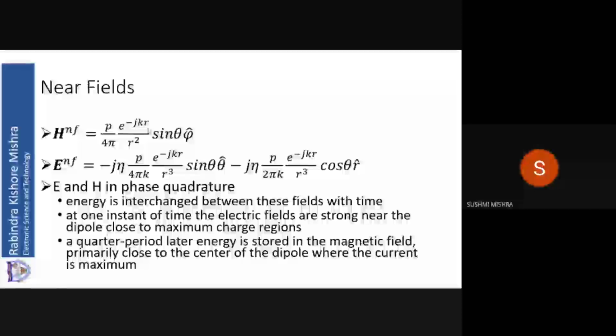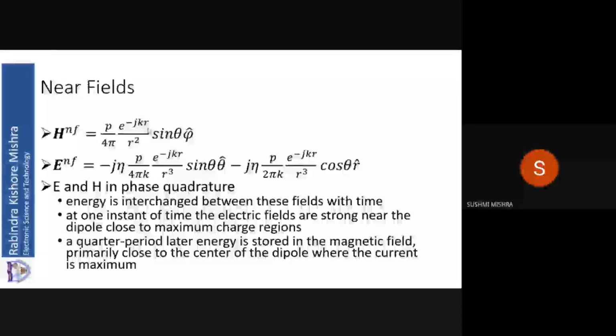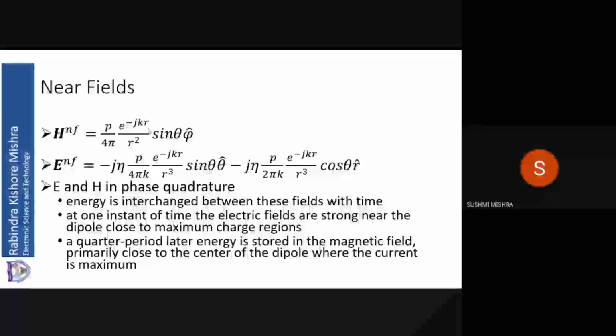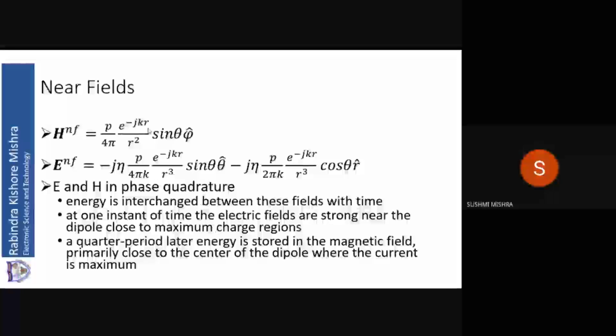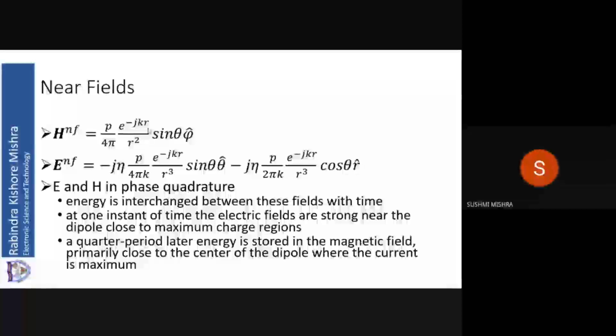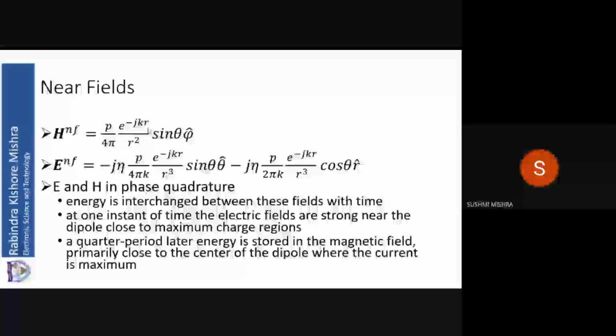Now if you compare E and H, they are actually in phase quadrature. In the H, look at the denominator, there is a 4 pi, but in E, it is 4 pi k, which means they are in phase quadrature. Why am I saying they are in phase quadrature? k is equal to 2 pi by lambda. You know that.